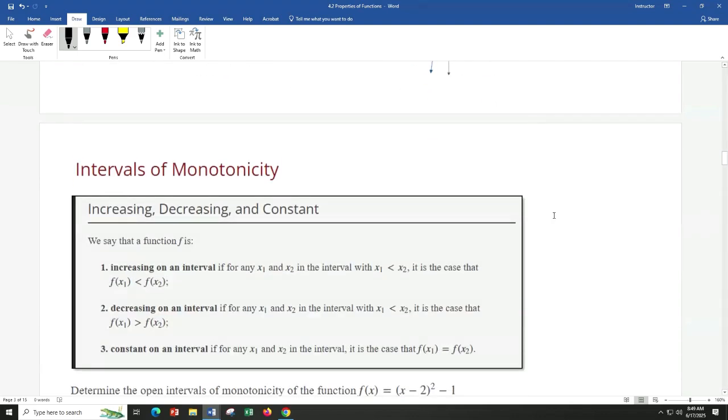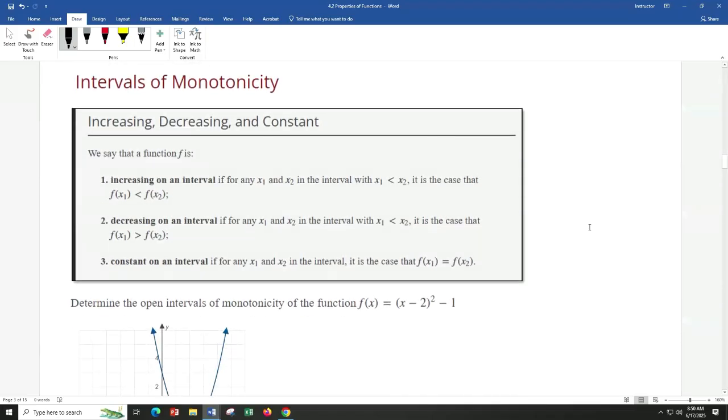Intervals of monotonicity. What this is saying, you're going to look at a graph, and sometimes they're not going to give you a graph. Sometimes they're just going to give you a function.